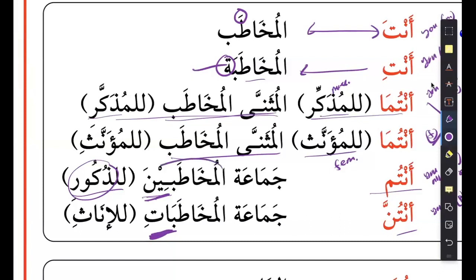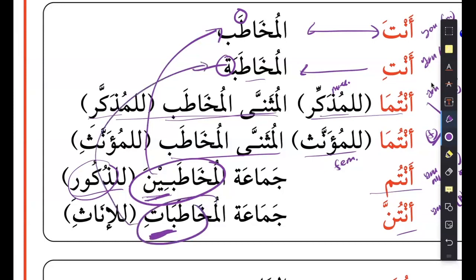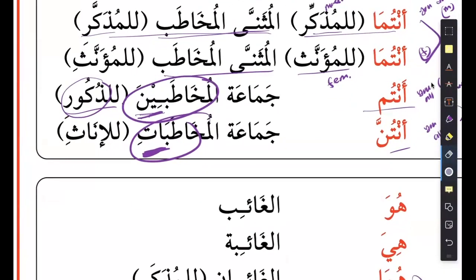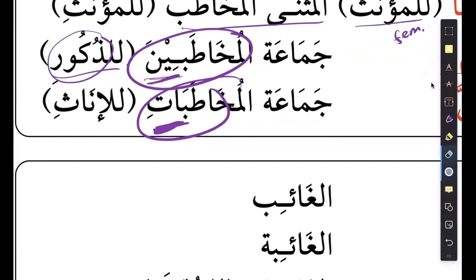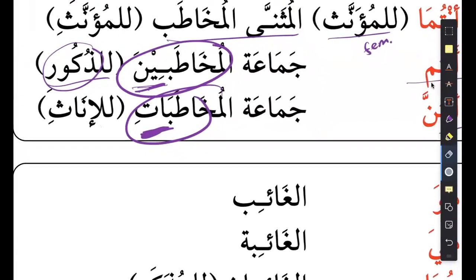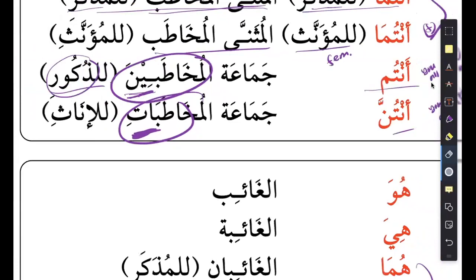And look, this one is a plural of mukhatab. Mukhatab, mukhatabun. And this one is the plural of this one. Mukhataba, mukhatabat. I think we have done this one before, so you should understand what I'm talking about here. So this is also for the plural. Inath is a plural of feminine. Jayyid.